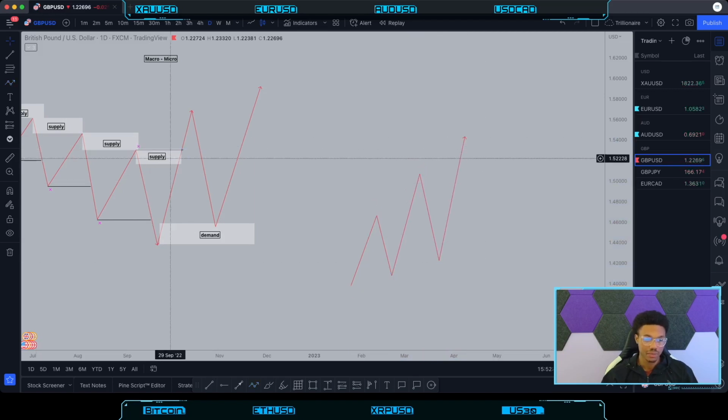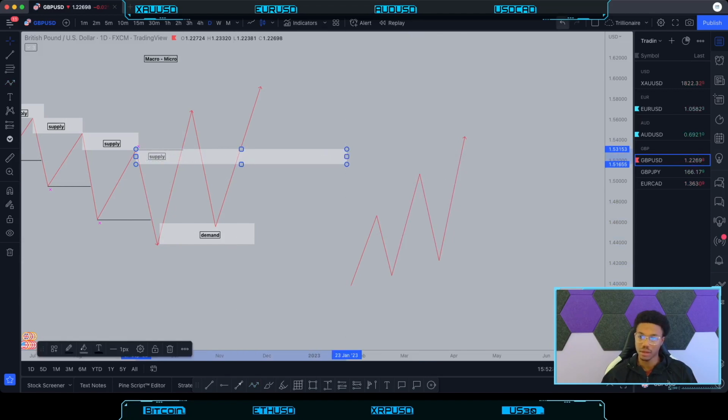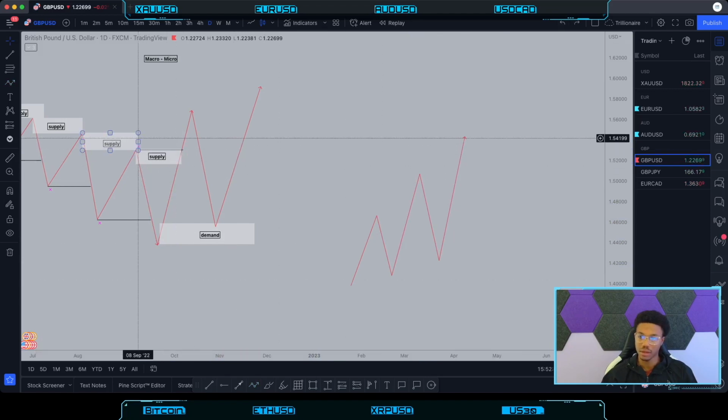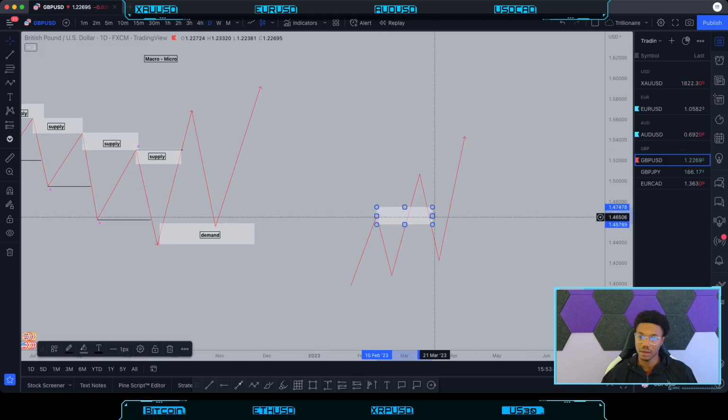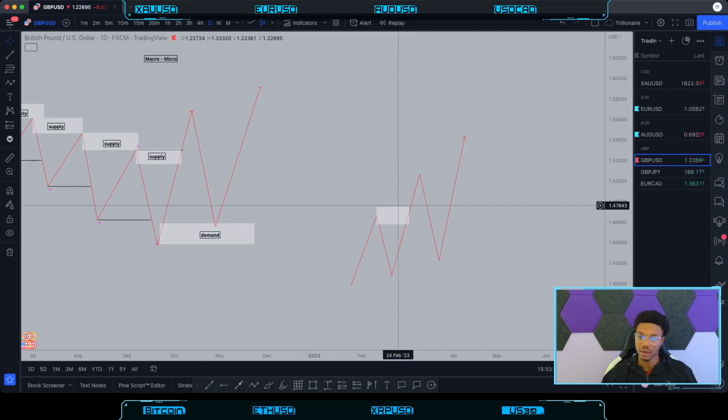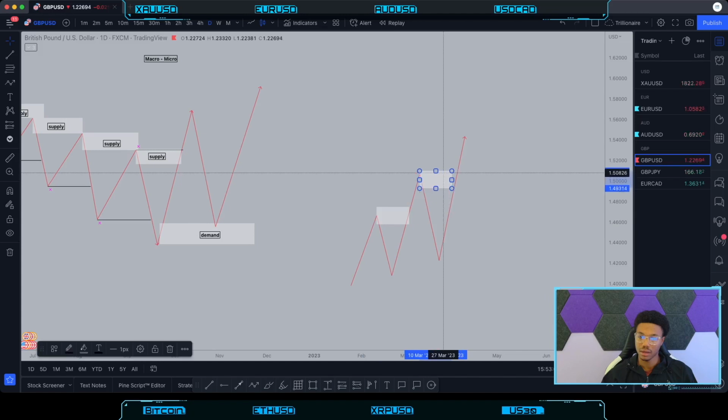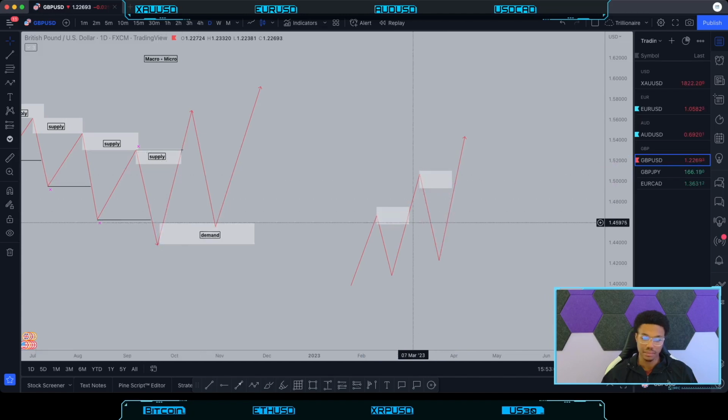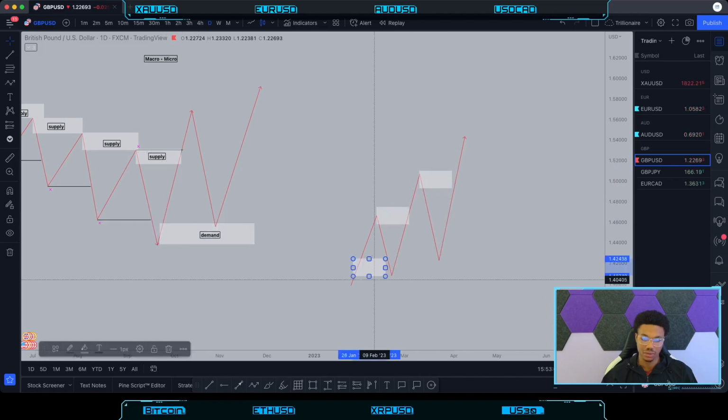Now we're going to speed this one up just a little bit because I do want to get into GBPUSD for you guys after we go over a couple of examples. So in this case here, supply is failing, right? And supply is failing simply because demand is in control.